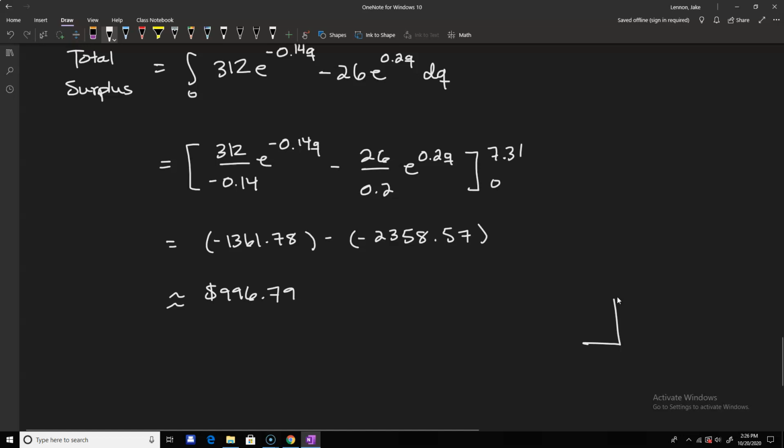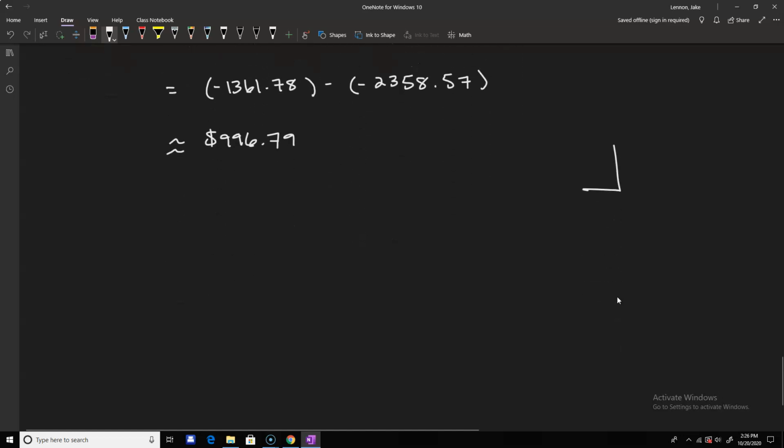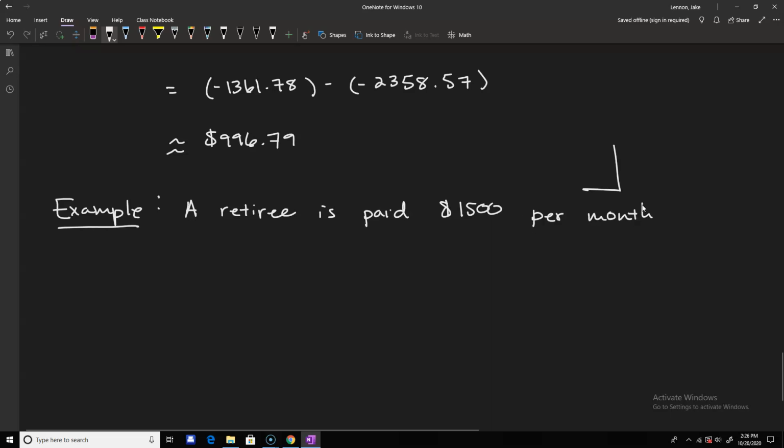Okay, so let's do a future value example and then call it a day. So in this example, we have a retiree who is paid $1,500 per month by an annuity.